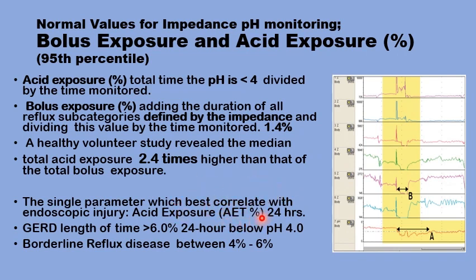The acid exposure time is more than twice as long as the bolus duration time in a 24 hours period. This is because the bolus can be cleared quickly by peristalsis or by gravity, but the intraluminal acidity would remain a little bit longer, so the acid exposure time is twice the bolus exposure time.